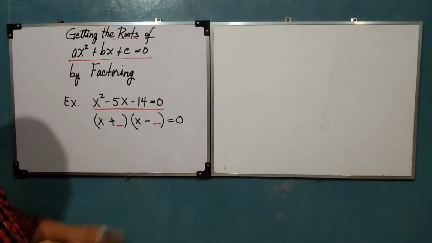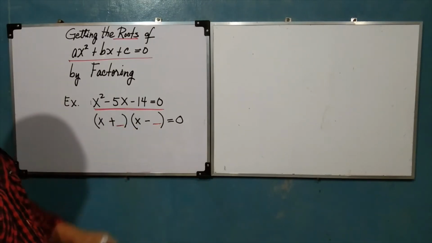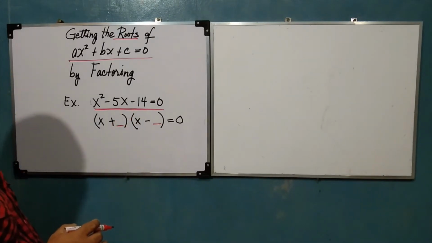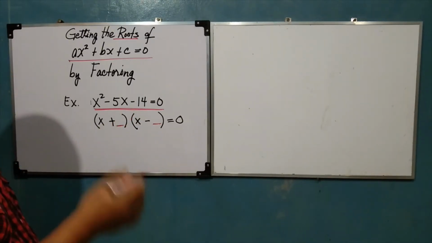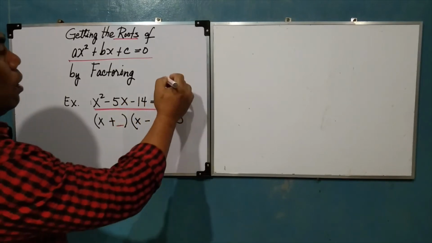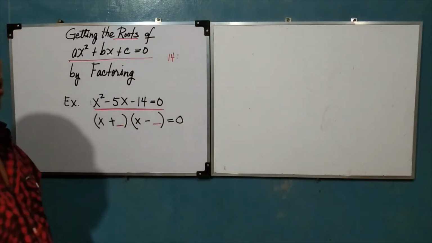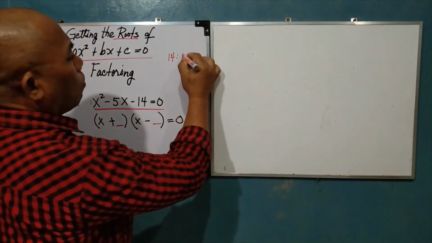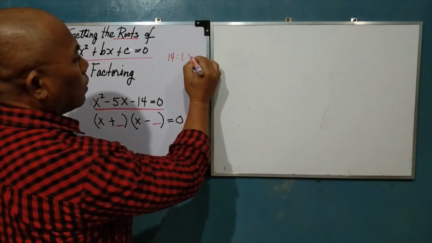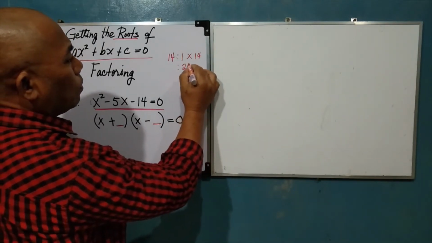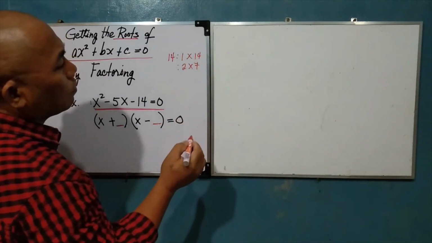Now, take note of the constant term. This is negative 14. Okay? All you have to do is think of the factors of 14. What are the possible factors of 14? You have 1 times 14. You have 2 times 7.